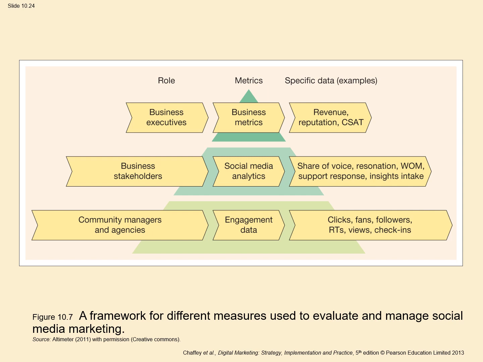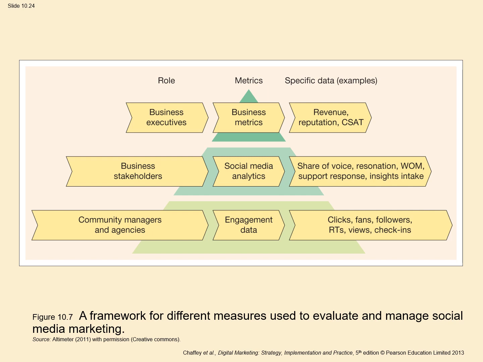From figure 10.7, we can see several roles, how they are responsible for several metrics, and what specific data they represent. The first is the business executive. They use business metrics, and the specific data they check are revenue, brand reputation, or CSAT.